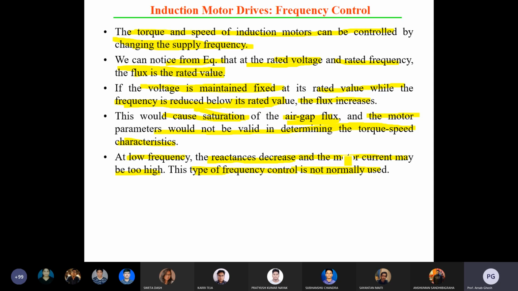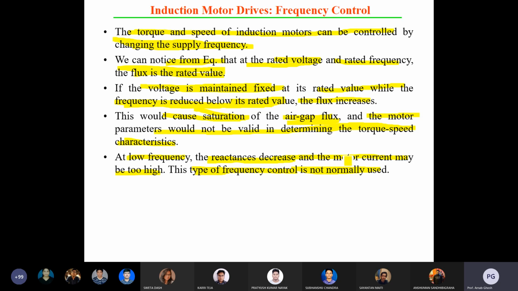Most of this portion is attached with your power electronics converters, and you have already gone through most of it in your earlier subjects, such as machines, power electronics and drives. So I am just giving a very brief recap, and after that we can move on.